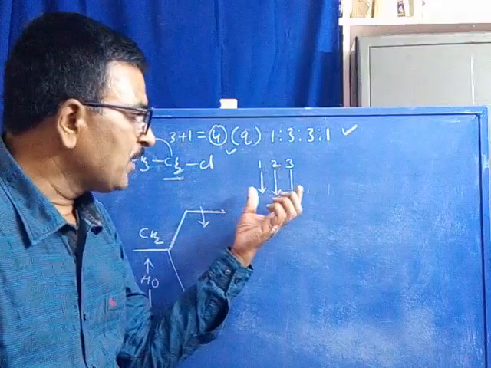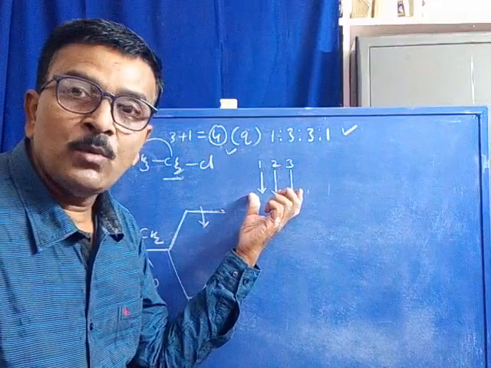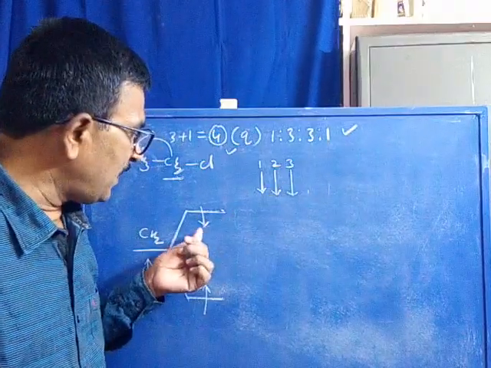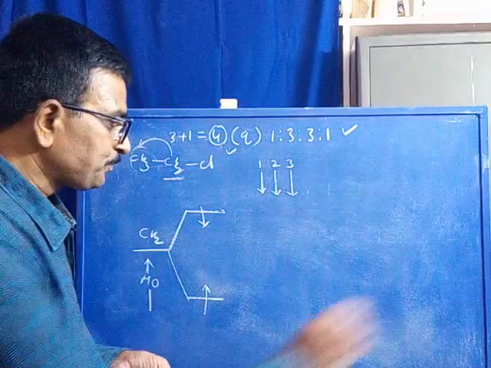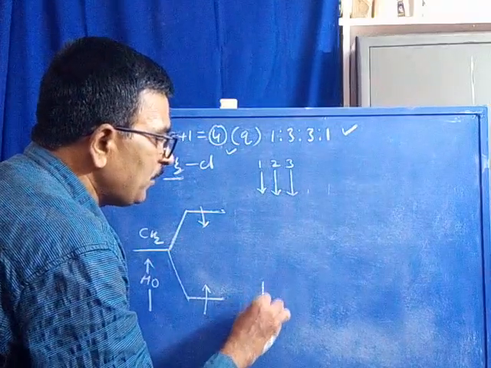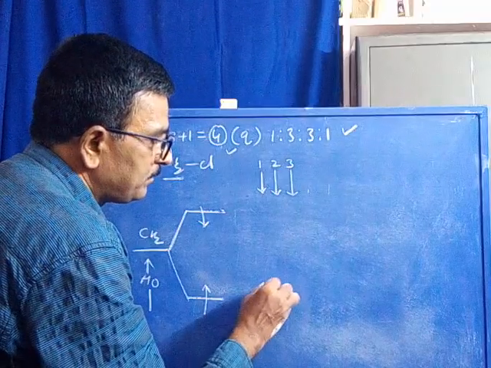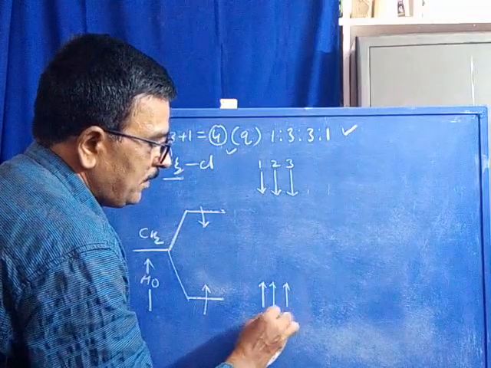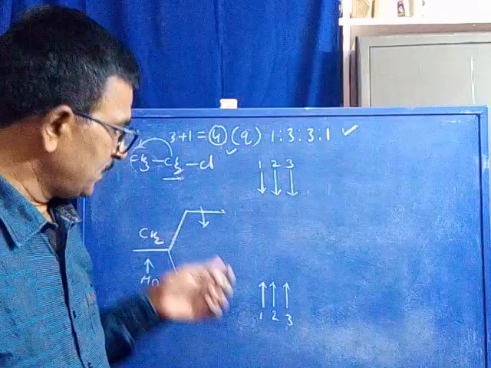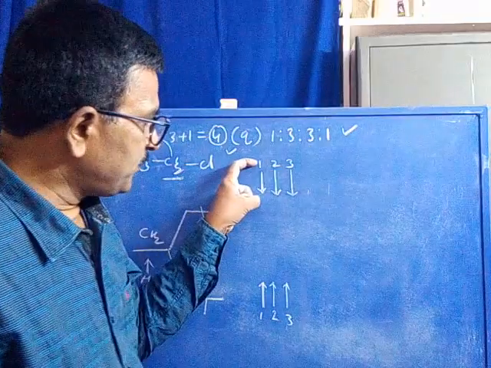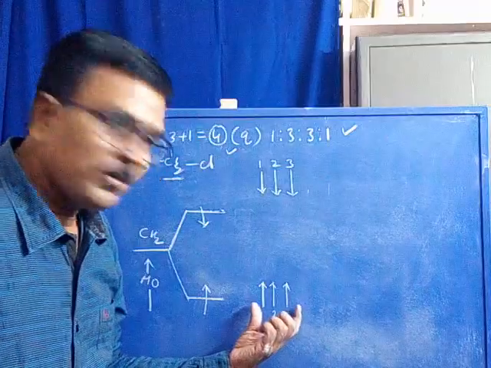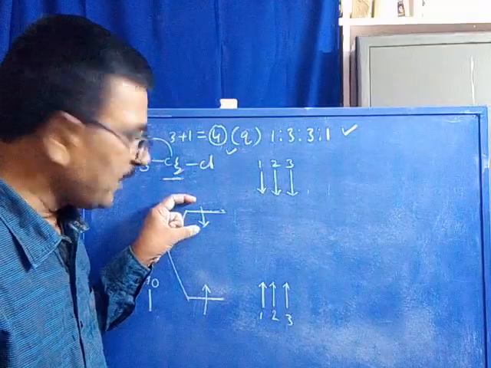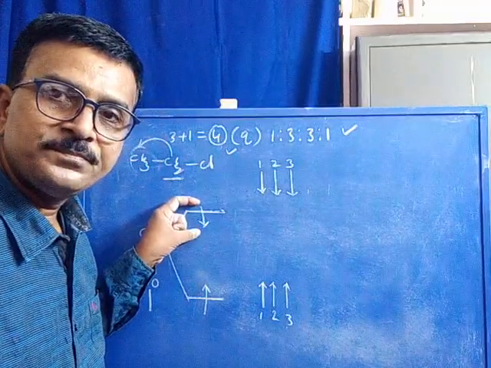You see, all the 3 protons may be oriented parallel with respect to this orientation of CH2, or all may be oriented anti-parallel. Now 3 protons of CH3 are parallel with respect to this. 3 protons of CH3 are anti-parallel with respect to this.